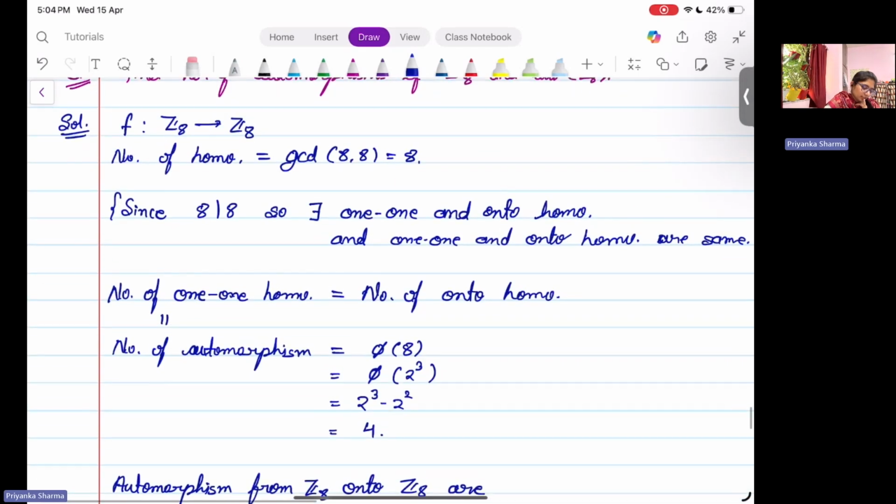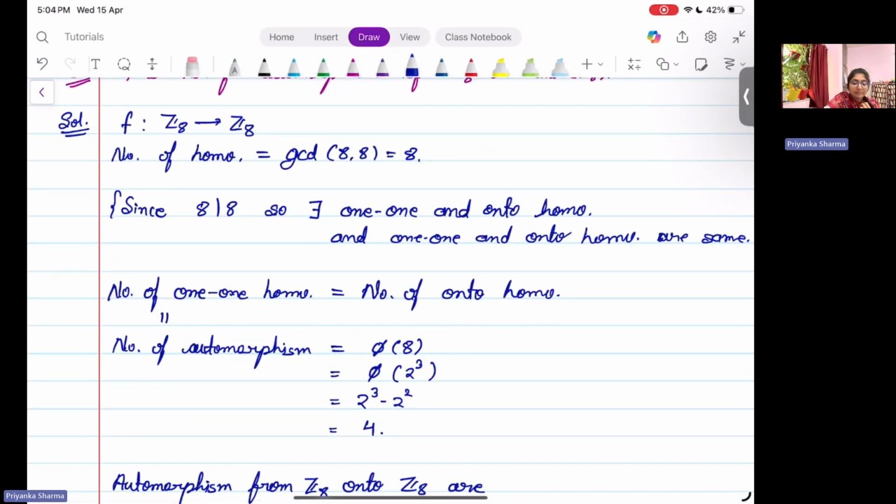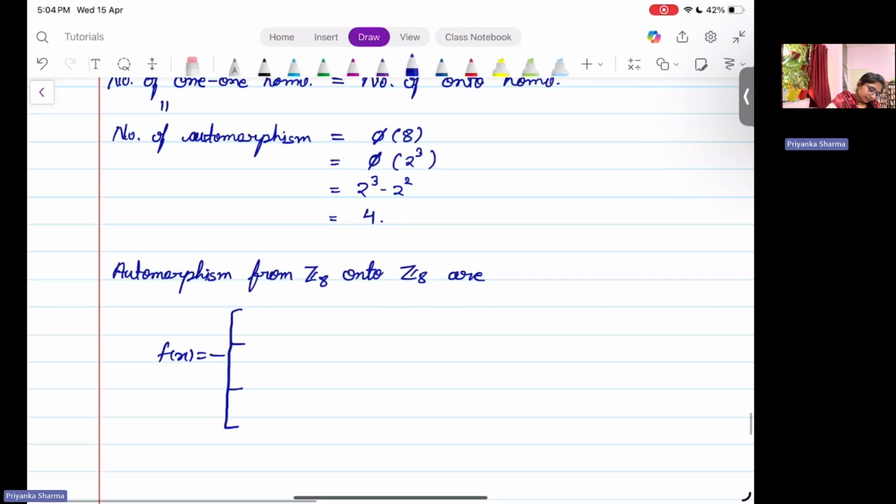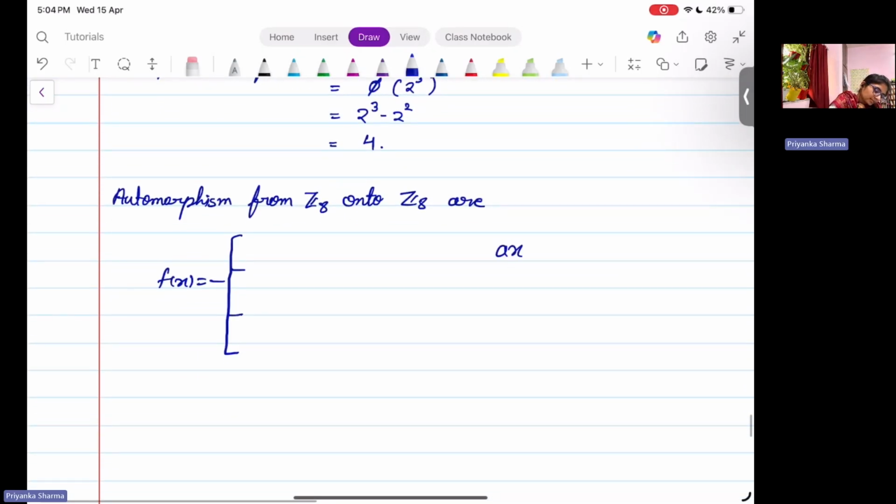So here what we will do, we will write this as ax, where this a is an element of order 8, or an element which is co-prime to 8. So this will be 1 times x, and then we will have 7x also, and then we have 3x and 5x.